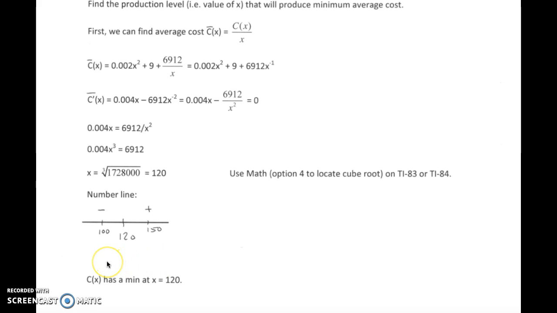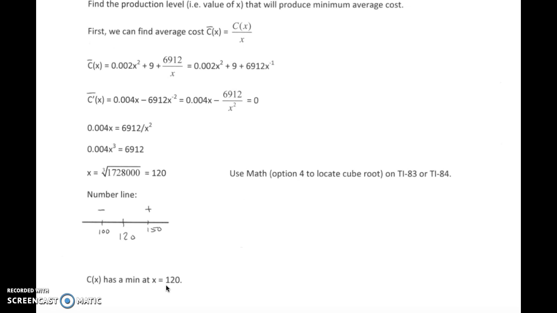When I plug 100 into the derivative, I get a negative value. When I plug 150 in, I get a positive value. And this lets me know that my slope to the left of this number is negative. My slope to the right of this number is positive. Therefore, I have a minimum at x equal to 120.